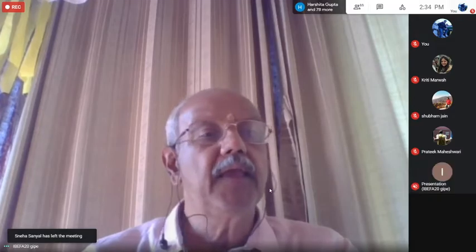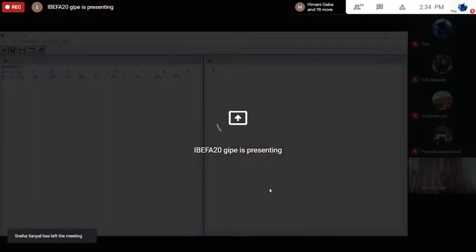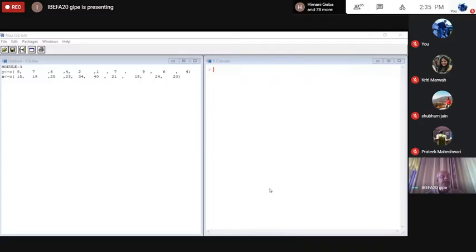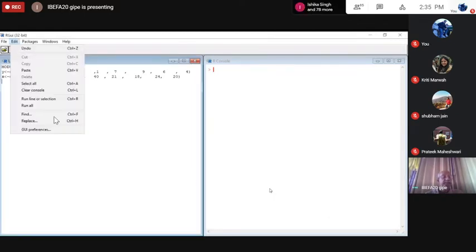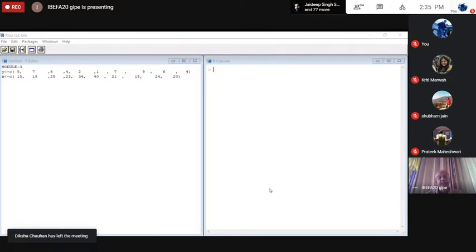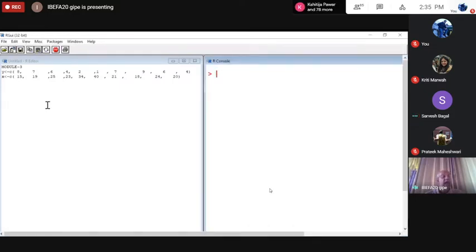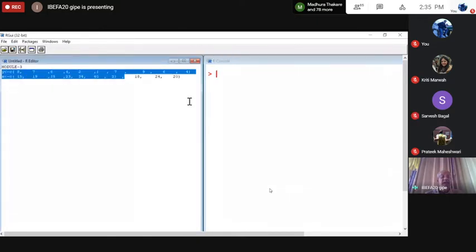In my R package, I have typed the data. As usual, I have here X values and Y values.